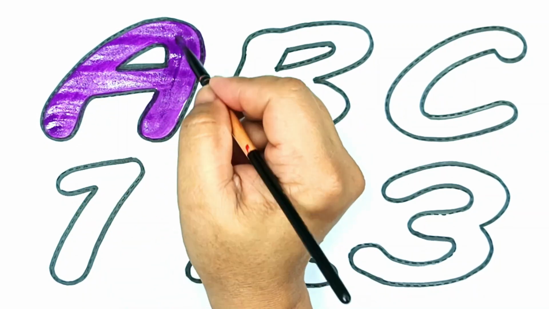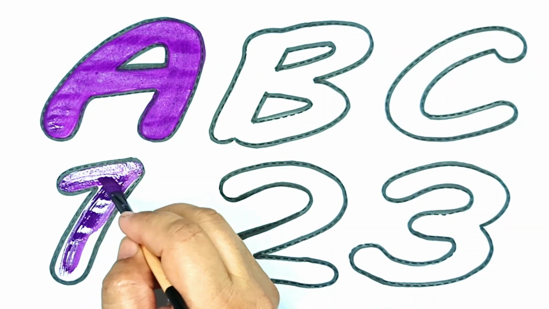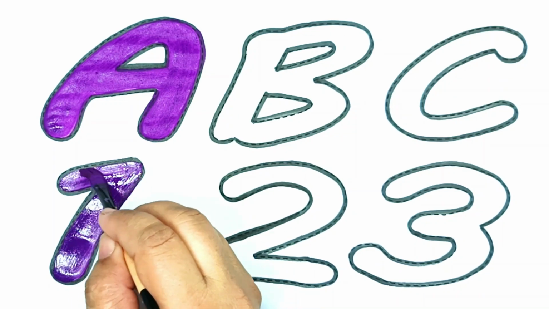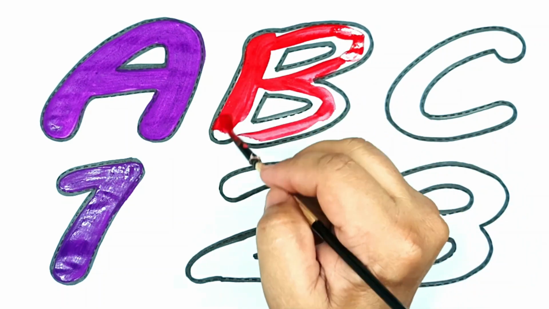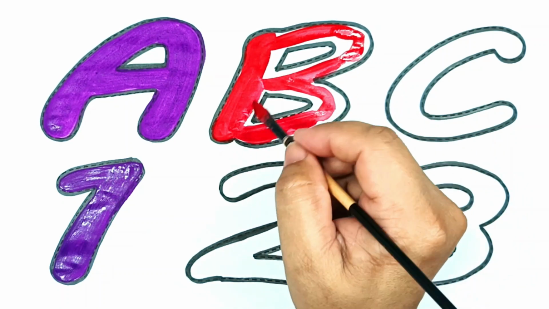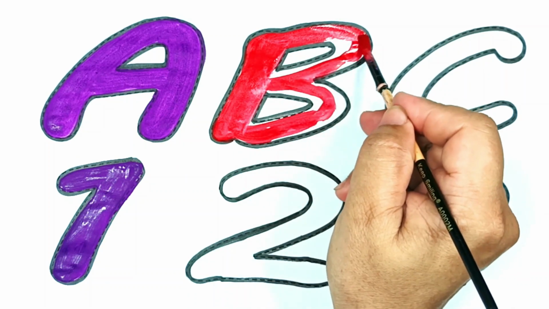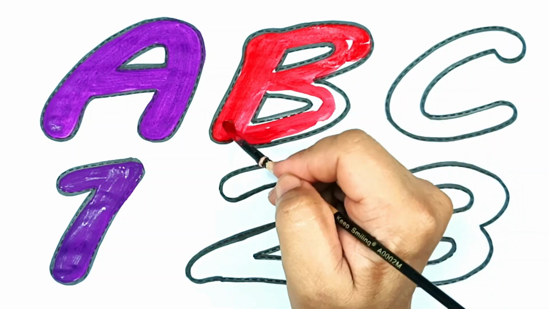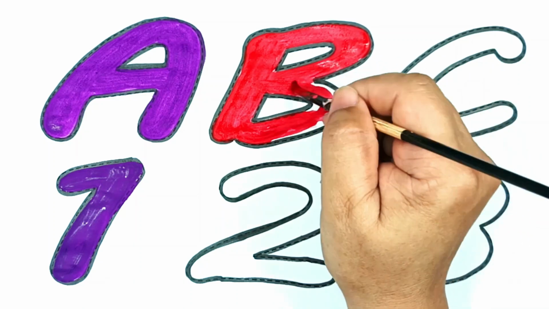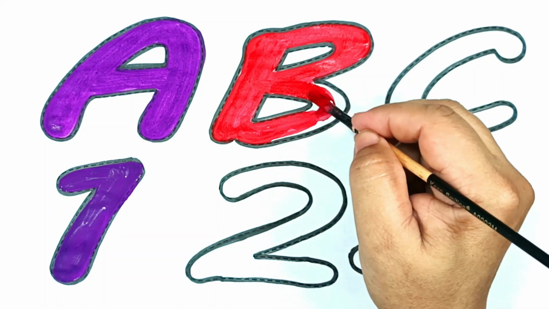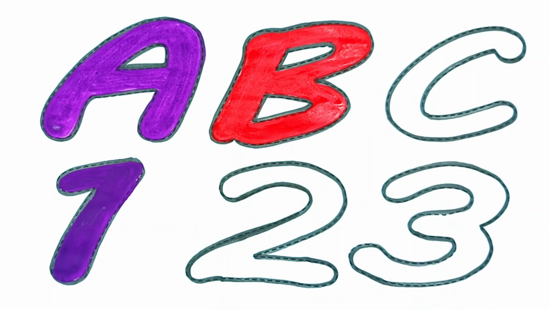A is for airplane. It flies in the sky. One baby arrives. B is for baby. Sometimes it may cry.